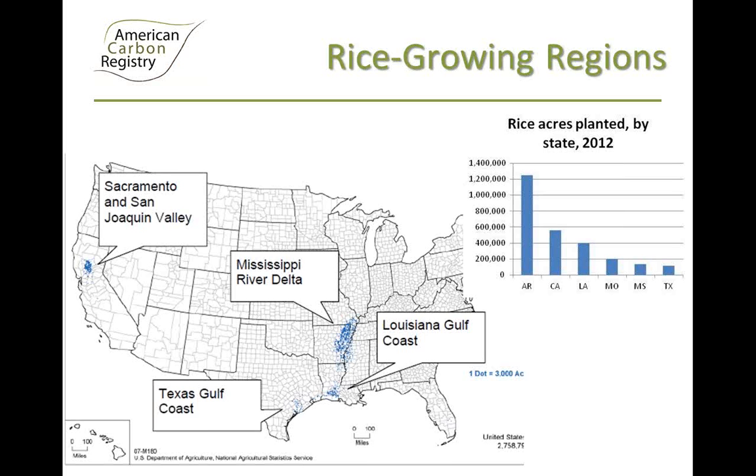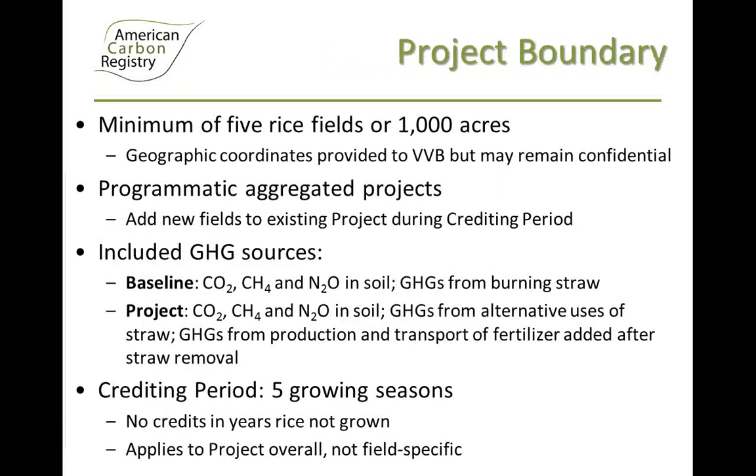And the second way is these are the regions in which current adoption rates of practices are assessed to determine whether a practice is at very low rates of adoption and can use the standardized baseline and additionality procedures that I'll talk about in a second. You also see on the slide there a chart of rice acres planted in 2012, showing you that Arkansas is the leading state, followed by California, and then smaller acreages in 4 other states.